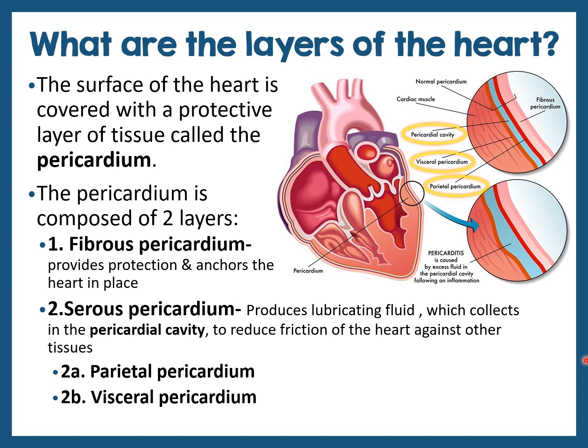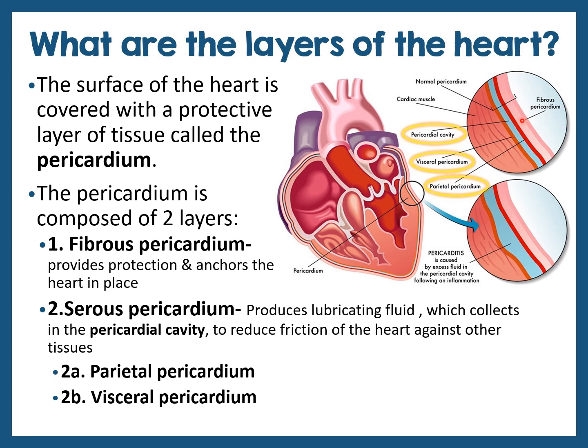The parietal pericardium, this layer here, is going to line the cavity, or this fibrous pericardium here. And the visceral pericardium is going to be this layer here that's actually touching the muscle of the heart. It's going to be on the heart itself.